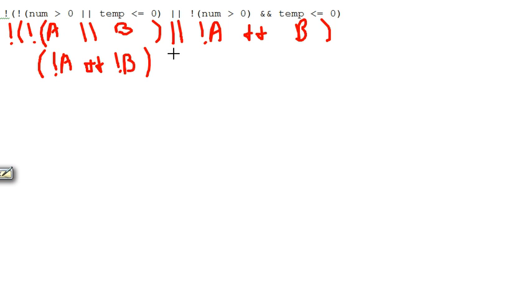Okay, I'm going to rewrite everything else. Don't do too much in one step. I think that's what we currently have.